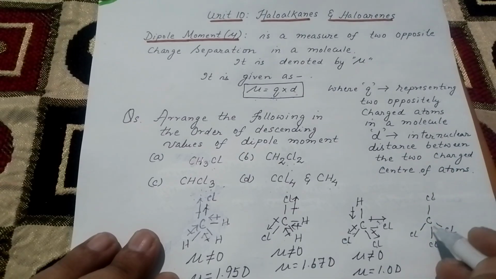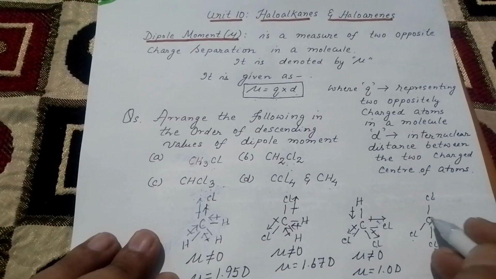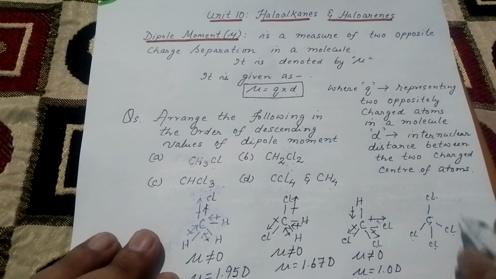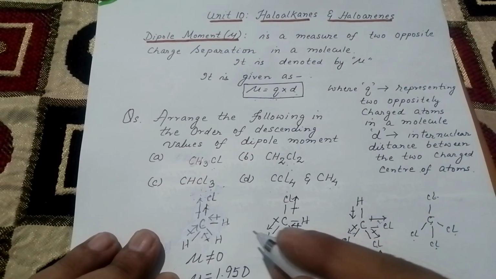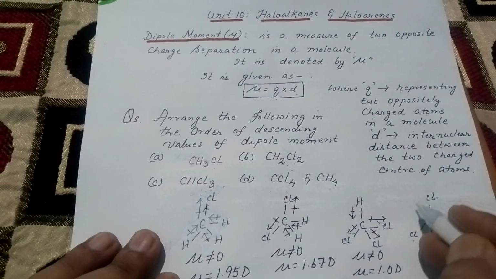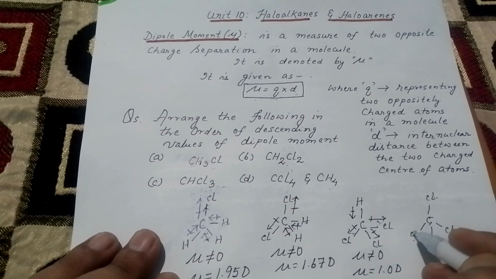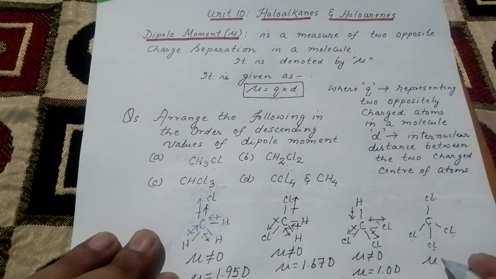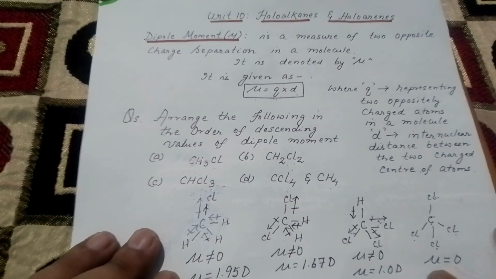Yes, here is chlorine bonded to carbon, chlorine bonded to carbon, chlorine bonded to carbon, chlorine bonded to carbon. These are all electronegative and they are having the same environment. All are chlorine. These are tetrahedral in character. But this is having the same substituent, chlorine. In that circumstance, if they are having the same substituent, always the dipole moment goes to 0.